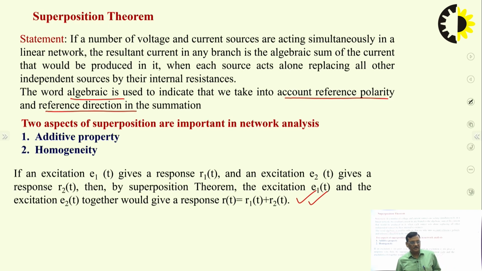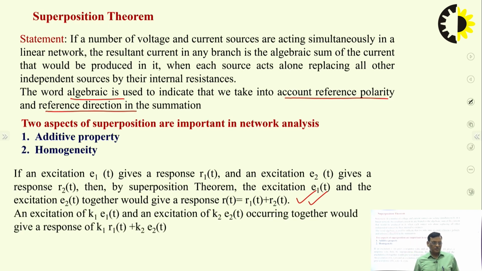The second is homogeneity. Suppose excitations K1 E1(t) and K2 E2(t) occurring together would give a response K1 R1(t) plus K2 R2(t).